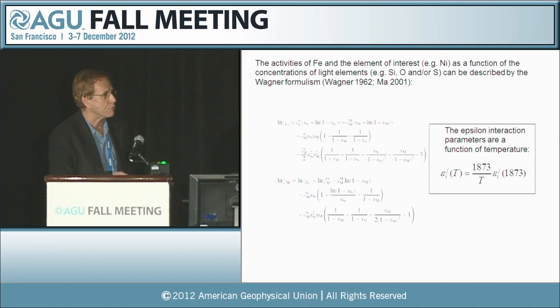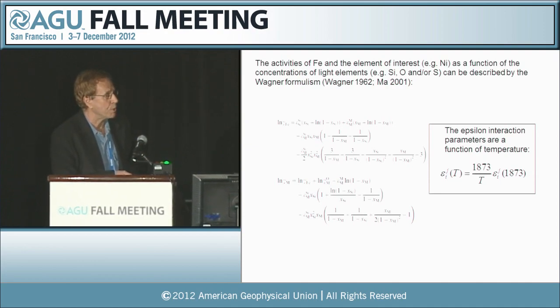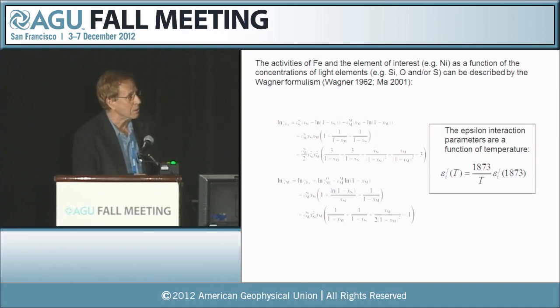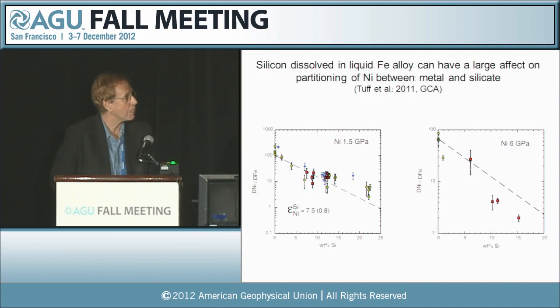So as temperature increases, the interaction parameters become smaller and the system becomes more and more ideal. And at infinite temperature, these will be 1, and the system will be completely ideal. So this is the temperature dependence that's considered to be applicable. Nothing is known about the effect of pressure.